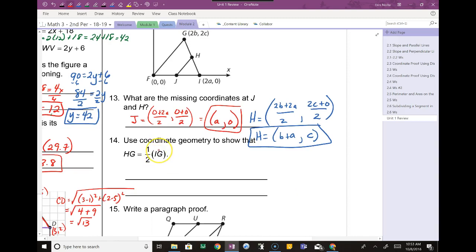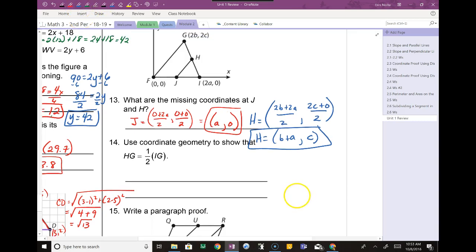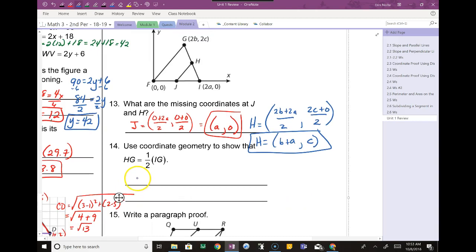So let's see, we'll do the distance of HG. So distance of H to G right here. Okay, so we're looking at this one to this one.